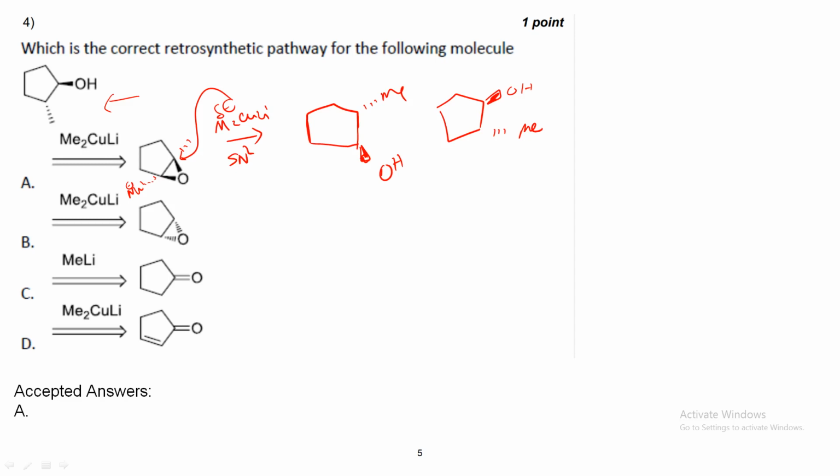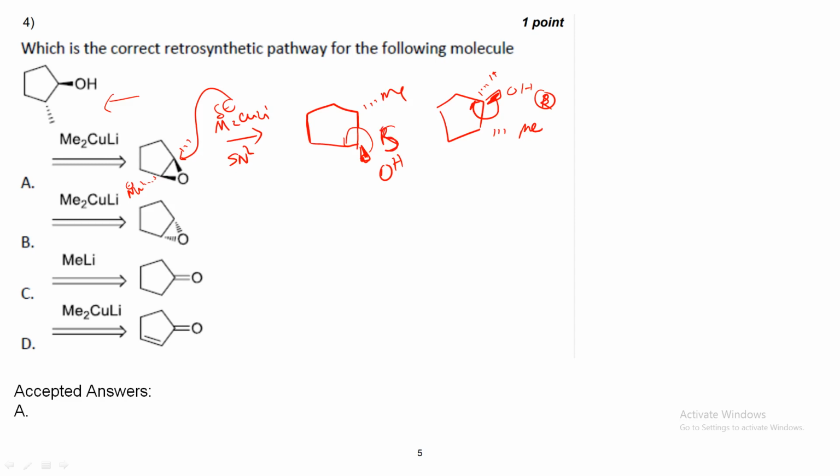Let's do the RS nomenclature. So it would be R. 1, 2, 3, R. 1, 2, 3.